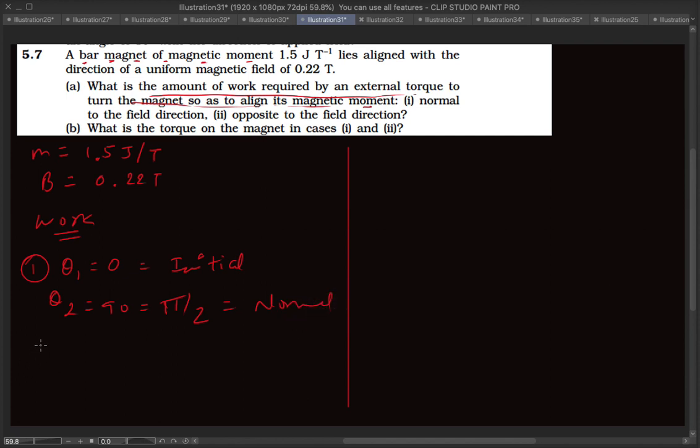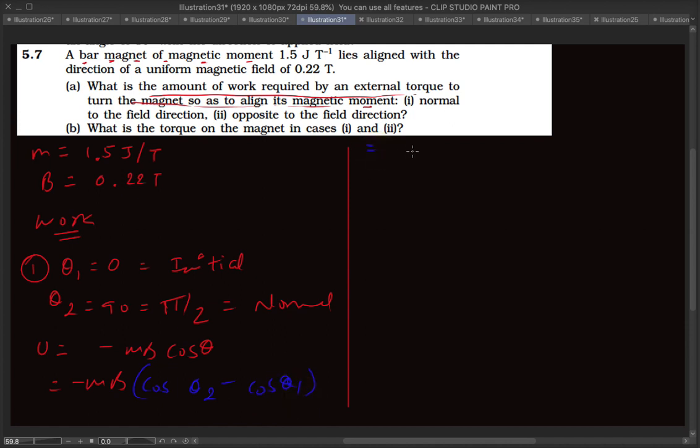So U is equal to minus mB cos theta is my value. So I am putting minus mB cos theta 2, directly cos theta 2 and theta 1. So I am putting those things together. That would be cos theta 2 minus cos theta 1.